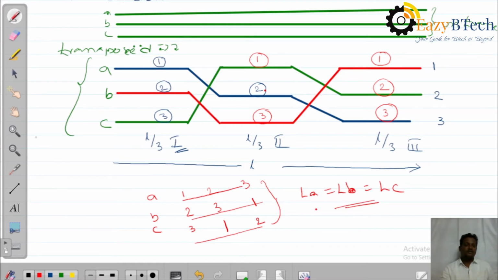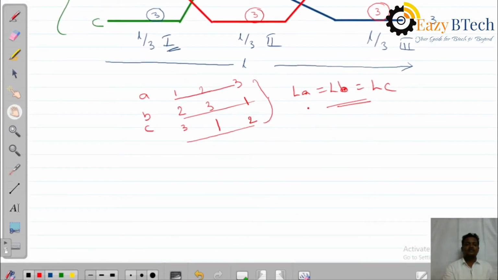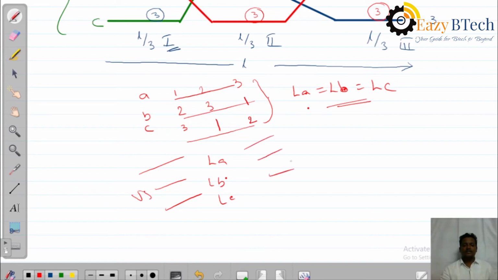If the line inductances are the same, the drops are the same. We send a sending end voltage through the transposed line, and the receiving end receives it. LA, LB, LC are the same, therefore the drop is also the same. If the drop is the same, then the receiving end voltage is balanced. I will explain with an example by taking numerical values.